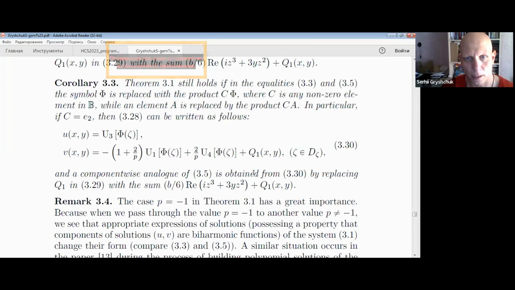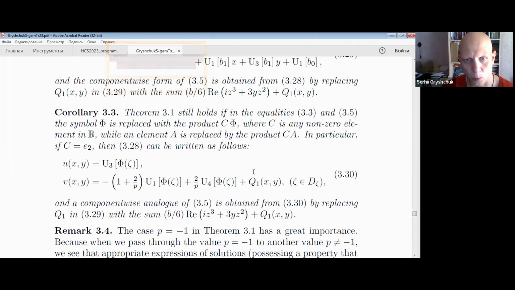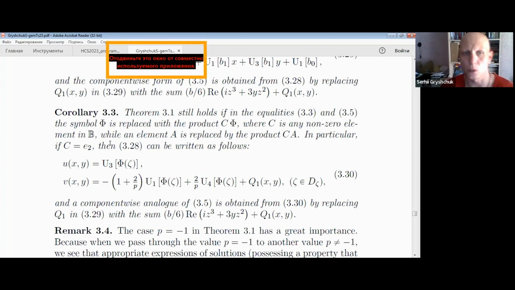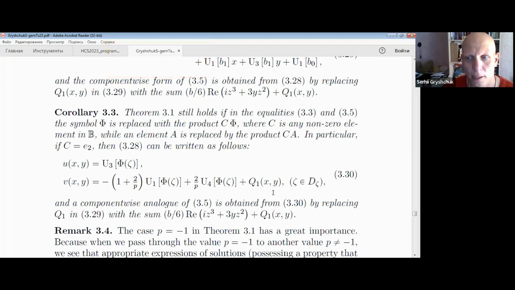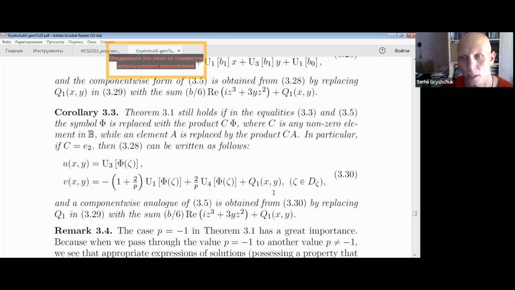So we can see that by doing multiplication by different elements, we can make the first component of the solution U equal to some component of the monogenic function, and in the other solution we obtain a linear combination of some other components of the monogenic function, plus some extra polynomials. Thank you very much for your attention.